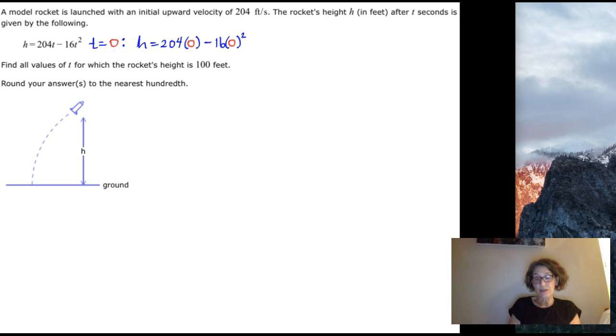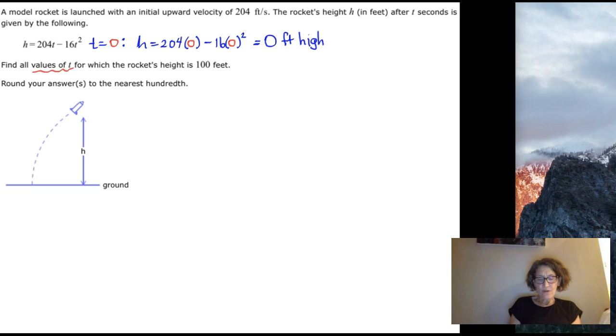So clearly 204 times 0 is 0 and 16 times 0 squared is 0. So we did get 0. So that makes sense. Our picture looks like the rocket starts out at ground level, and the equation tells us, in fact, that it does start out at ground level. Okay. So it's 0 feet high when t equals 0.